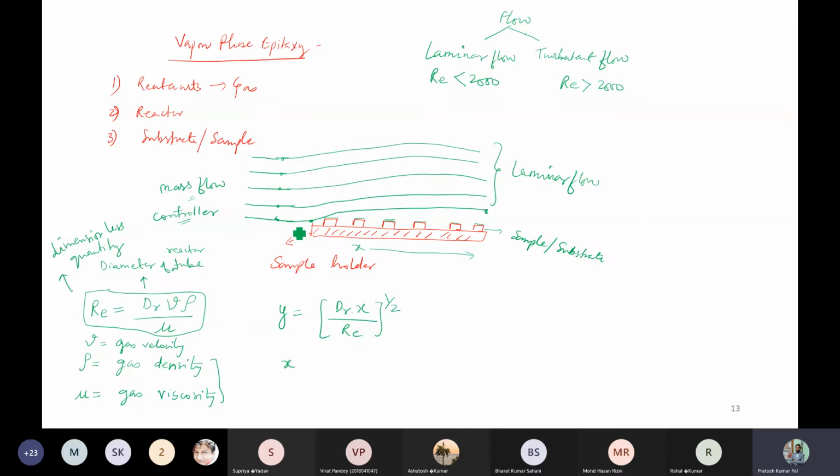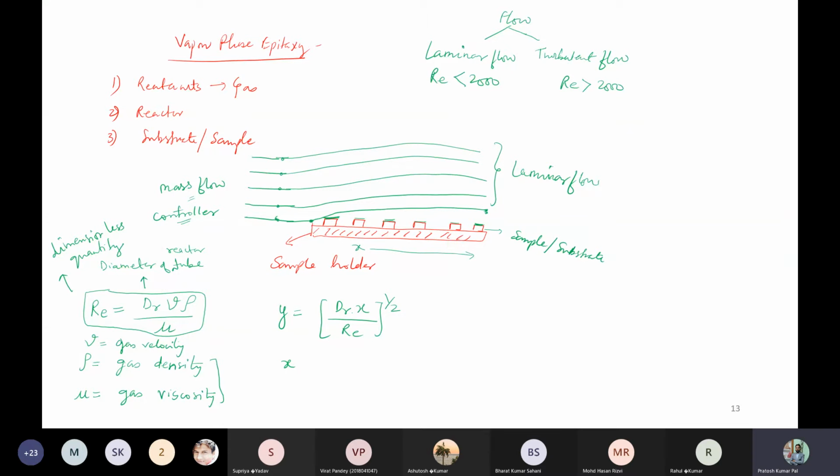Based on the velocity of gas, the quality of deposition of the epitaxial layer where x is lower will be different from the deposition at this point, where x is high. This is one of the parameters we should consider for epitaxial layer growth.